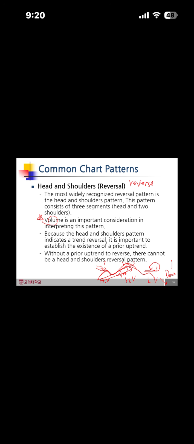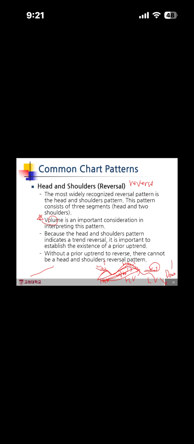That means the pattern in the previous uptrend is signaling the end of an existing trend and a reversal toward a downward trend. If there is no uptrend in the prior period, then the pattern cannot really represent a reversal.